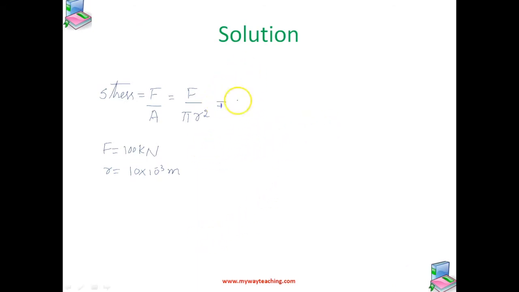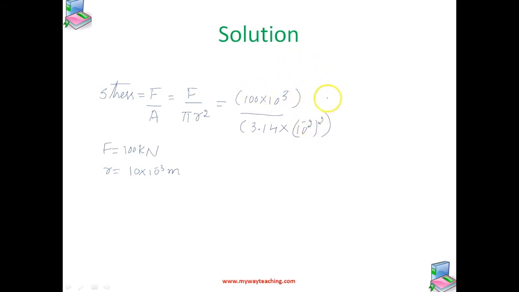If you substitute the 100 kilonewton, that is the force, the value of pi is 3.14 and r is 10 raised to minus 2, the whole square.